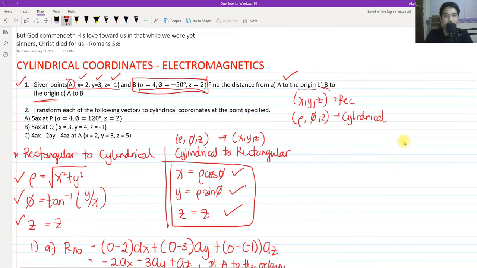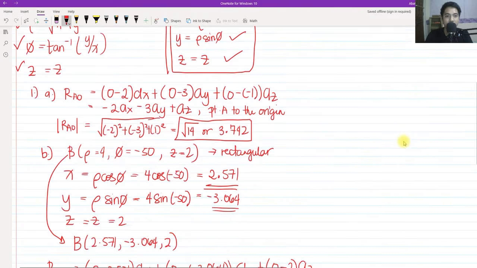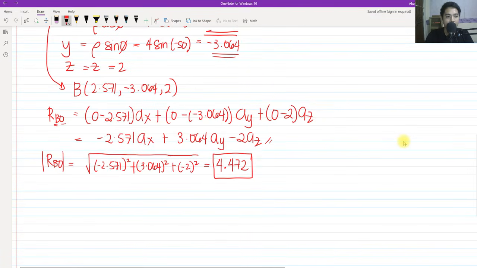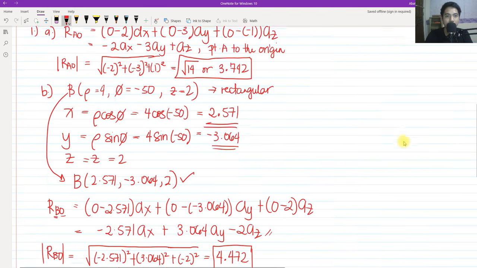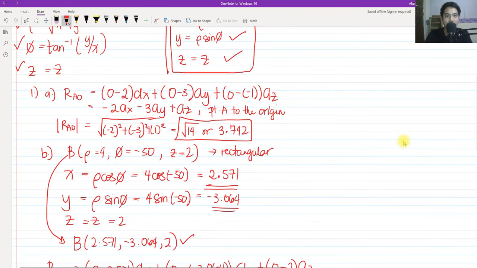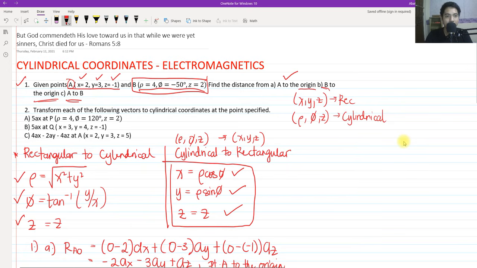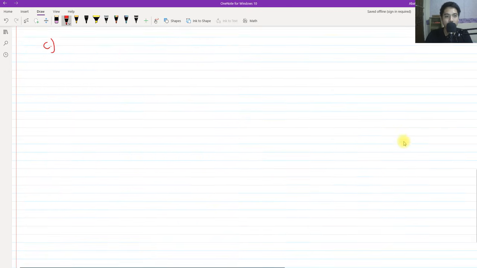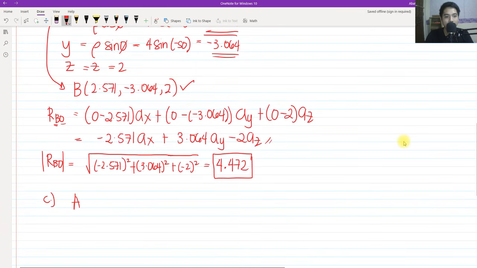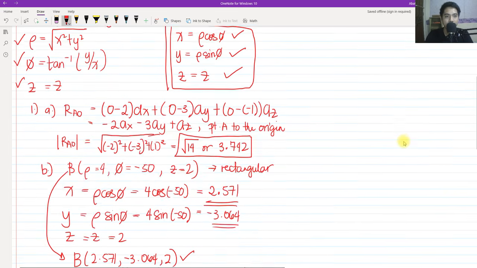So the last question for number 1 is the distance from A to B. Since we have both in terms of rectangular, this is point A, where x equals 2, y equals 3, and z equals negative 1, if I'm not mistaken.